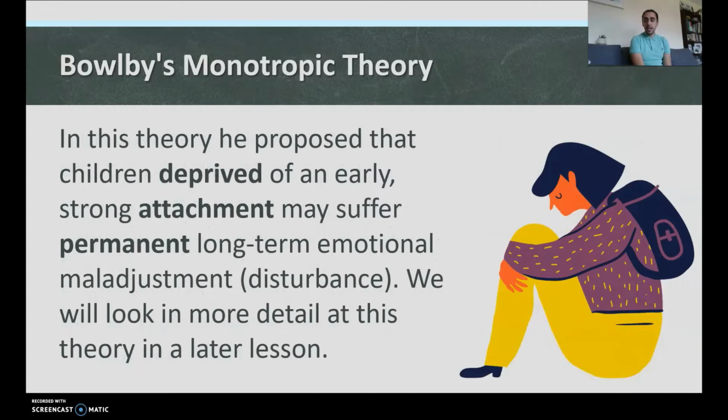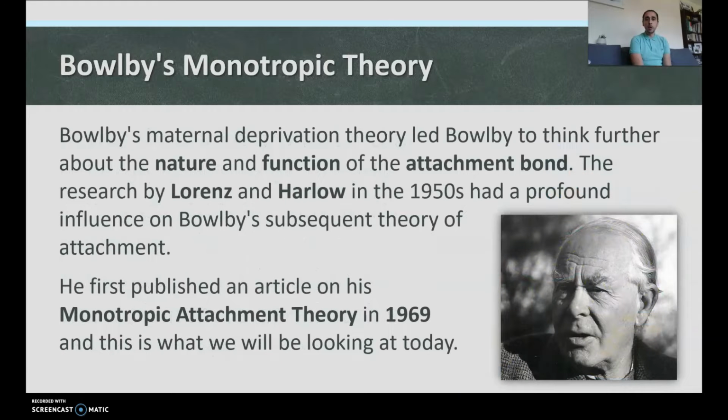In this theory, he proposed that children deprived of an early strong attachment may suffer permanent long-term emotional maladjustment or disturbance. But this is something we're going to look into in more detail in a later lesson. Today, though, we're looking at Bowlby's monotropic theory.